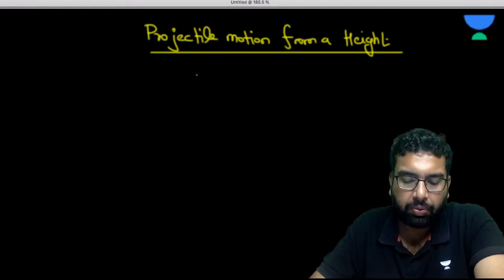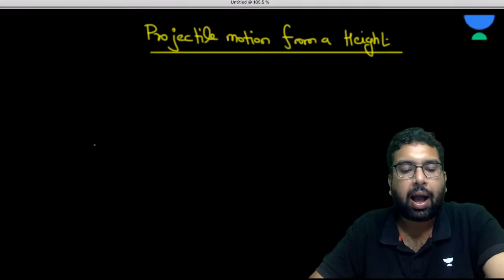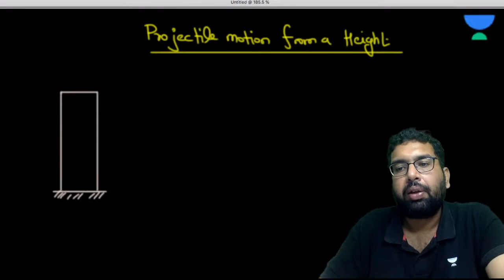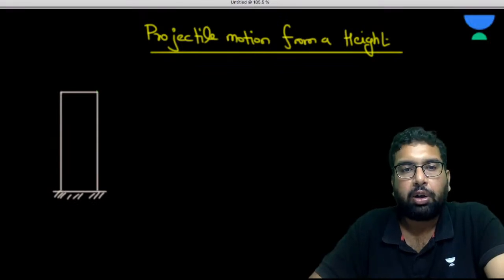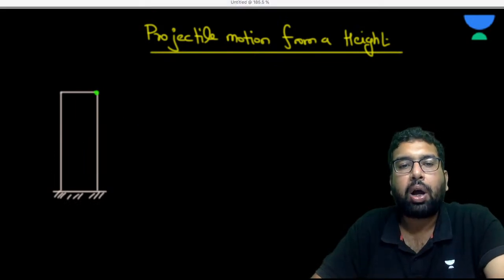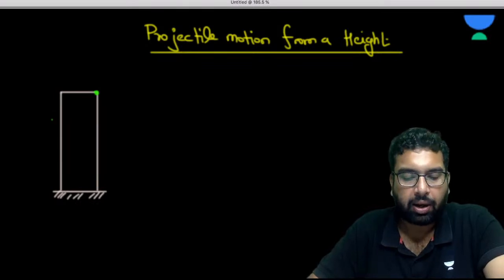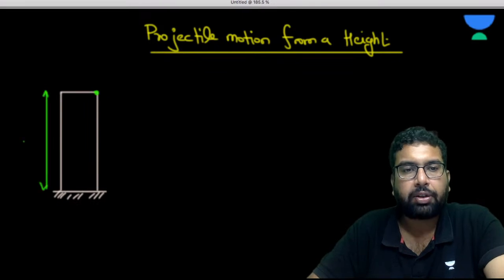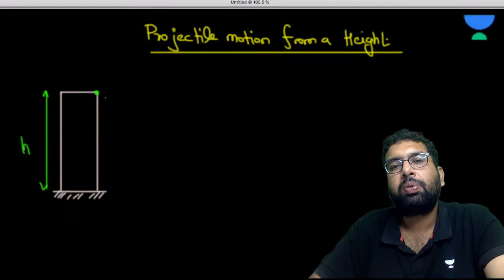So when we talk about projectile motion from a height, let's suppose we have a tower of some height h. The projectile is thrown from this very height.